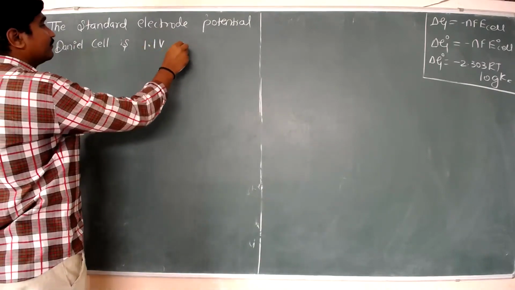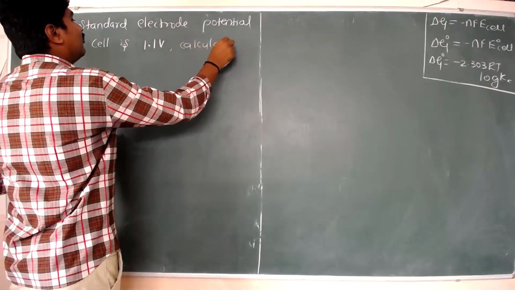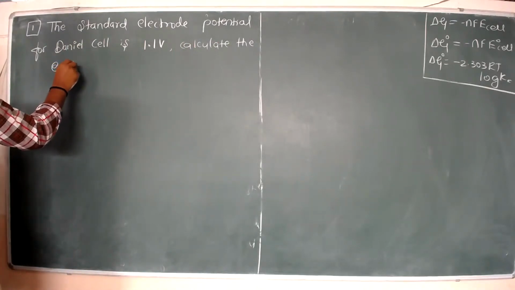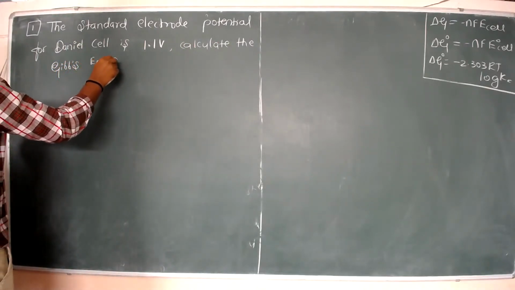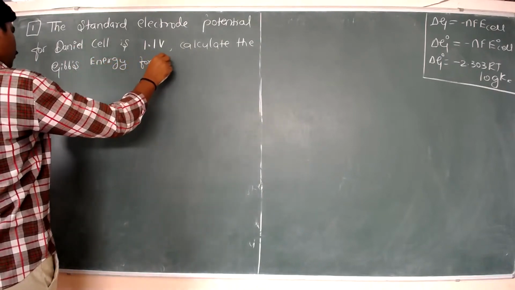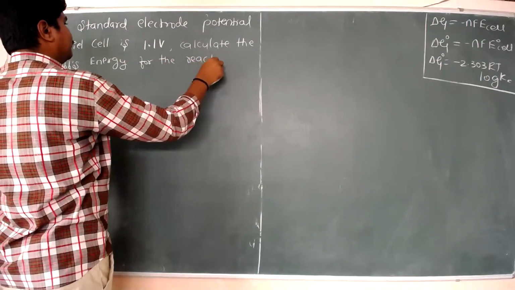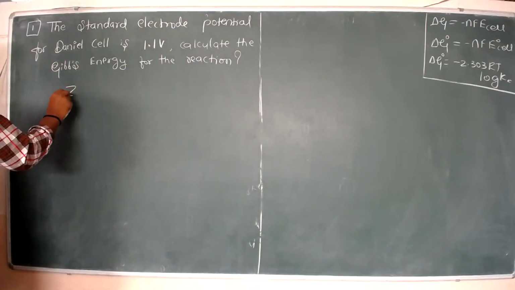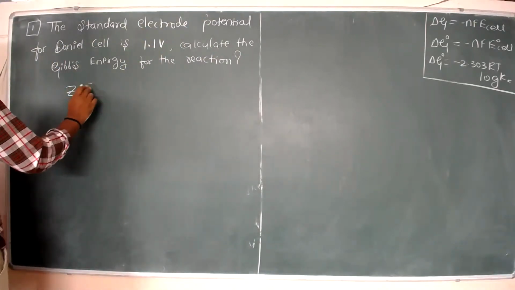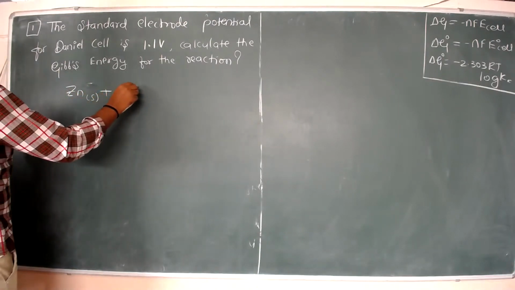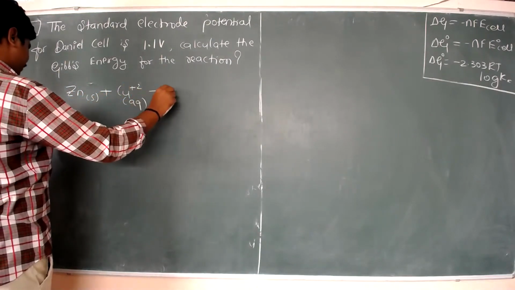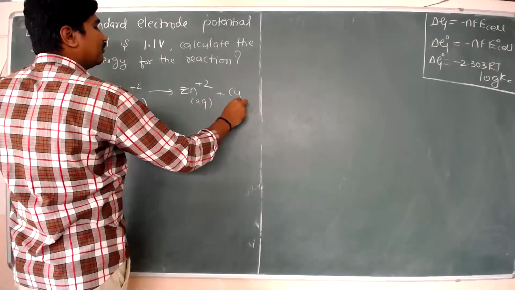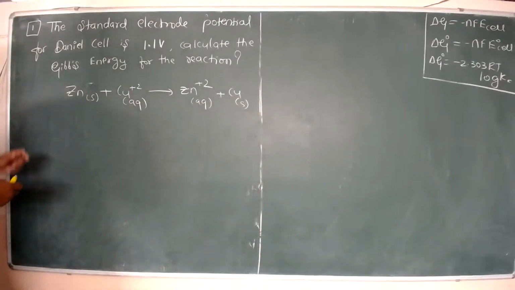Calculate the Gibbs energy for the reaction Zn plus Cu 2+ gives Zn 2+ plus Cu. That is the question.